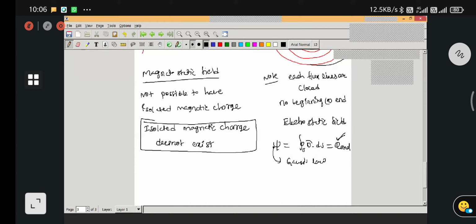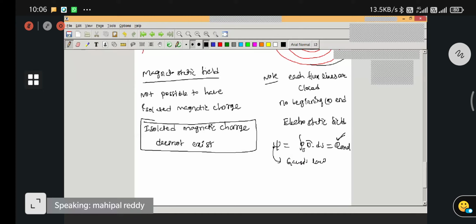In Gauss's law, electric flux lines are not necessarily closed. We take a source point and a sink point, and electric flux lines pass from source to sink. These are imaginary lines.